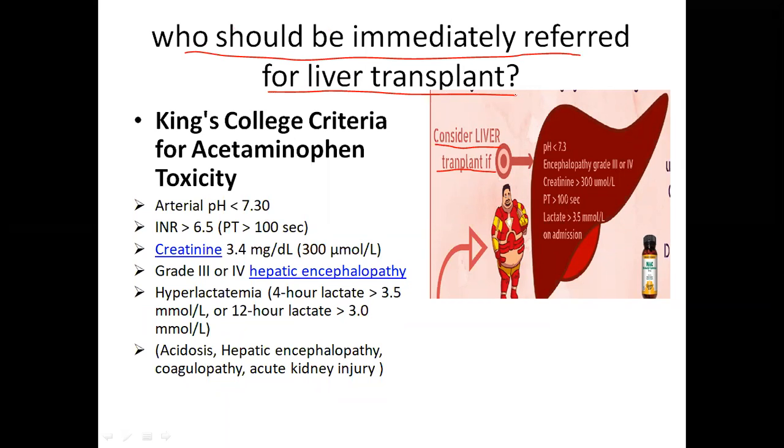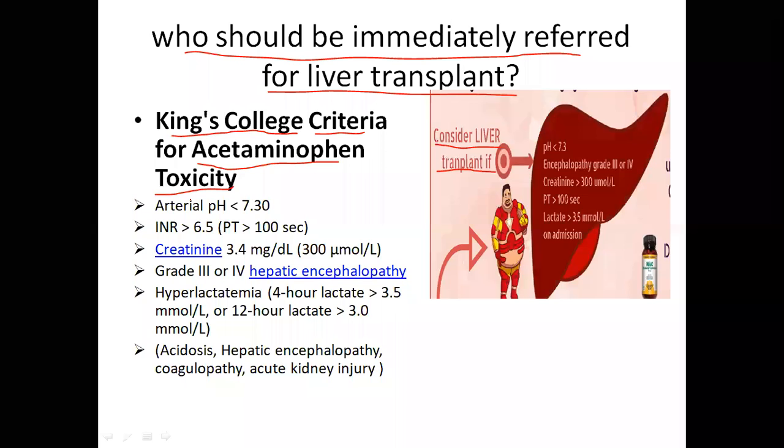Which type of cases do you shift to the liver transplant unit? The King's College criteria for acetaminophen toxicity for liver transplant is a checklist. If the patient fits this checklist, then probably that patient needs liver transplant.